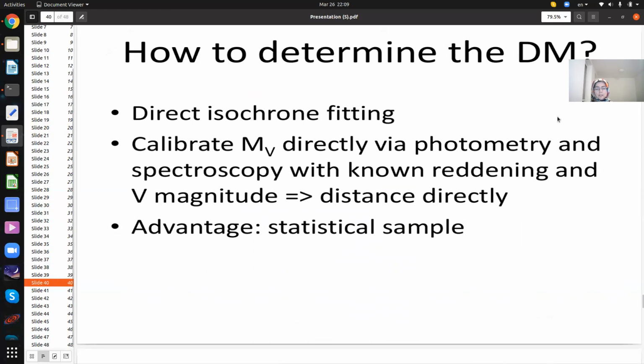How to determine the distance modulus? Direct isochrone fitting: calibrate MV, or visual magnitude, directly via photometry and spectroscopy with known reddening and visual magnitude, and get the distance directly. The advantage is a statistical sample.